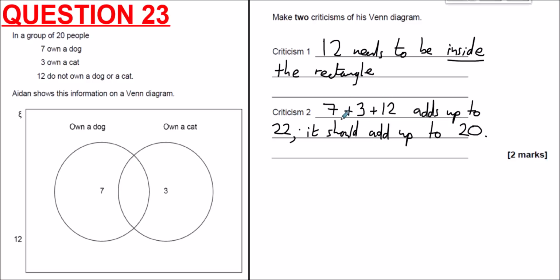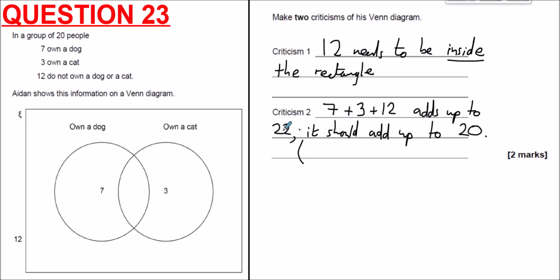That should do as a fine criticism, but if you really wanted to explain why, you could take this further. I just recommend leaving it like this, to be honest, but what I could say is that some people must have owned a dog and a cat.